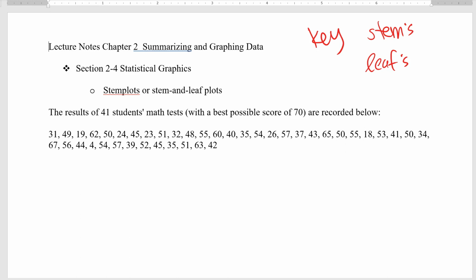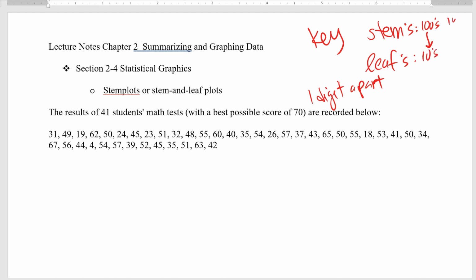and they're one digit apart, meaning if the stems were hundreds, the leaves would be one digit less, it would be tens. So they're always one digit apart. You have to specify what the stems are. If this was hundreds, then this would be one digit less, tens.